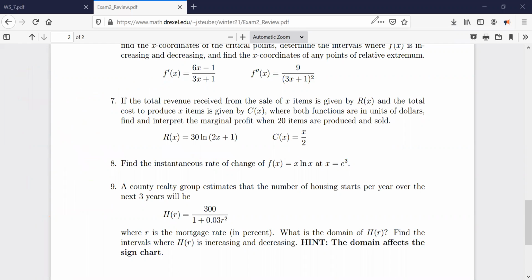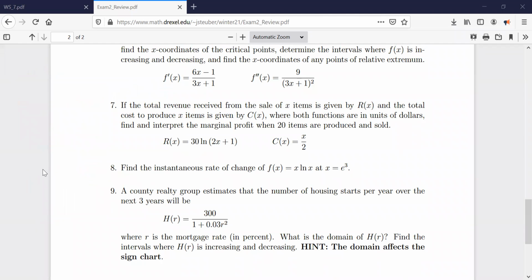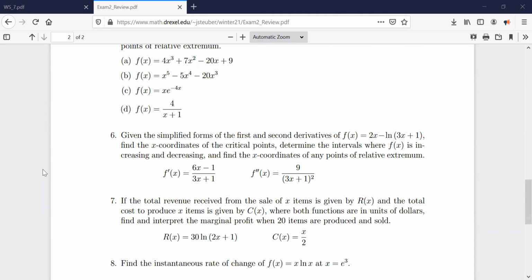Cool. So, given simplified forms of the first and second derivatives, f of x is equal to 2x minus ln of 3x plus 1.